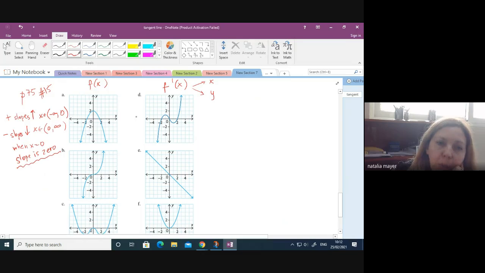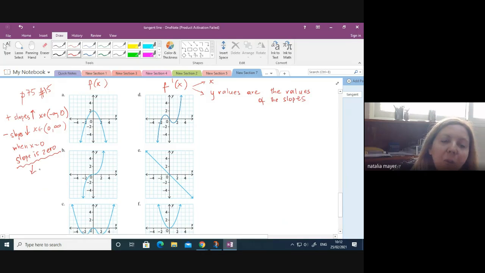All those slopes we were talking about are going to be the set of y values, the values of the slopes.